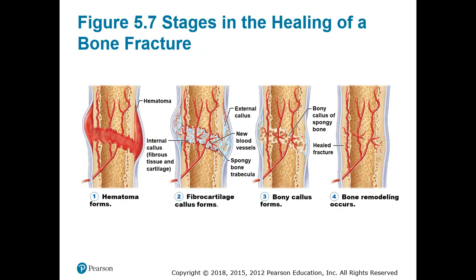Eventually, a bony callus is going to form. And so here we see the bony callus, and it said this on the last slide, but I did not point it out. It's made up of spongy bone. And eventually bone remodeling is going to occur where that spongy bone kind of becomes compact bone that we see. And hopefully our bone heals properly, and then you can build back up strength.